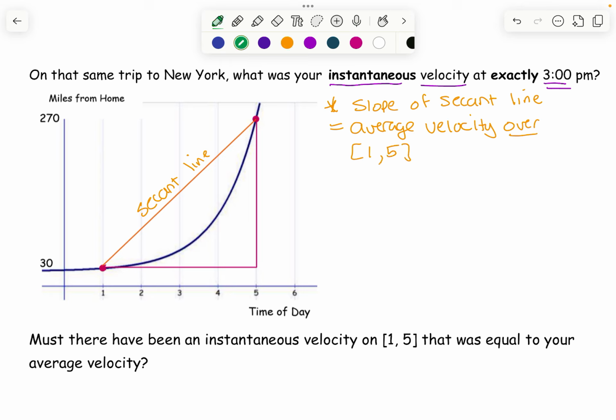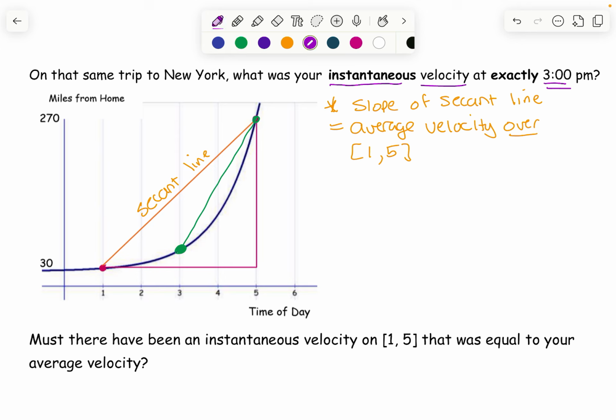Okay. What about the instantaneous velocity? The way we're going to do this at 3 is we're going to anchor a point there at 3. We're going to find the slope of a secant line. Okay, so that is another secant line from 3 to 5.